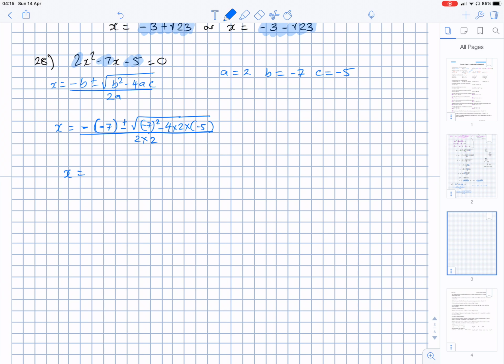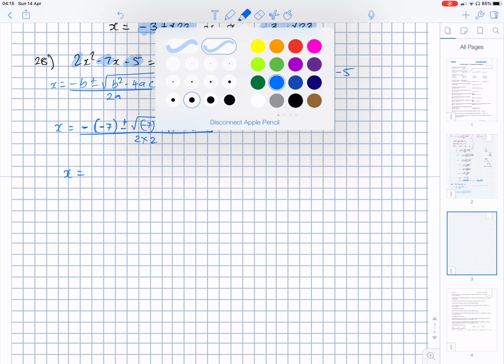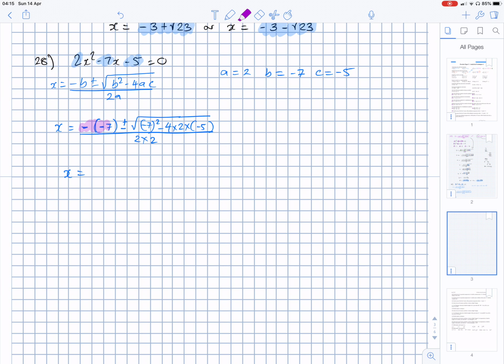So x is equal to, because there's two minuses multiplying each other, this becomes positive 7 plus or minus square root of minus 7 squared is 49, minus, but because there is another minus here and a minus there, this minus becomes a plus. 4 times 2 is 8, 8 times 5 is 40, so that's 40 right there.